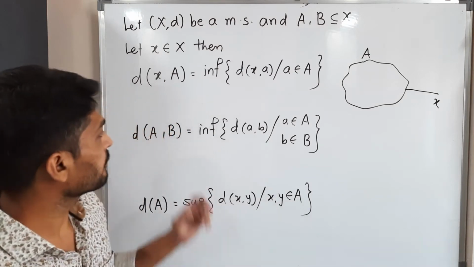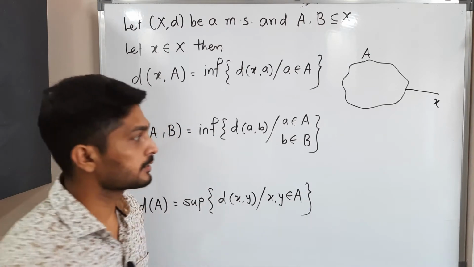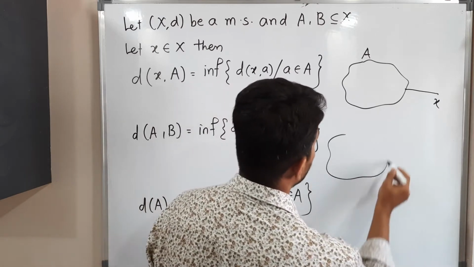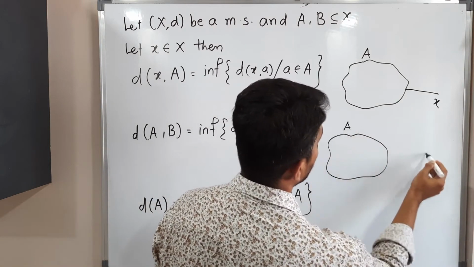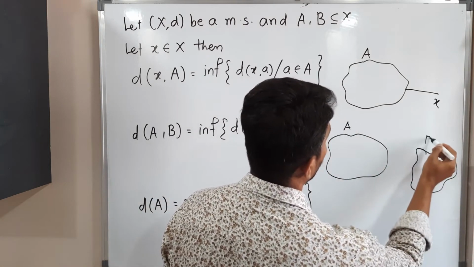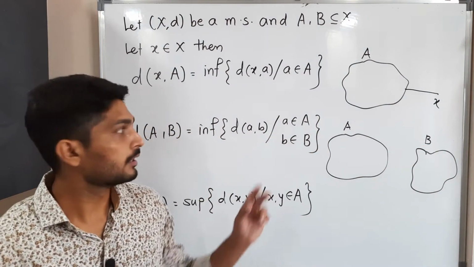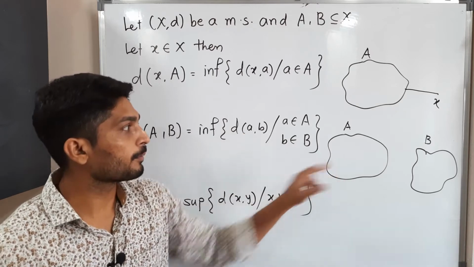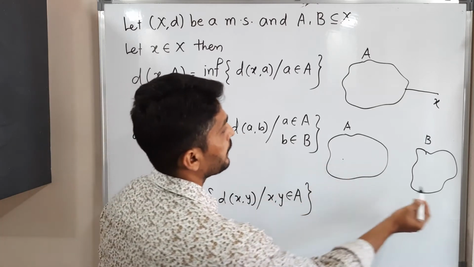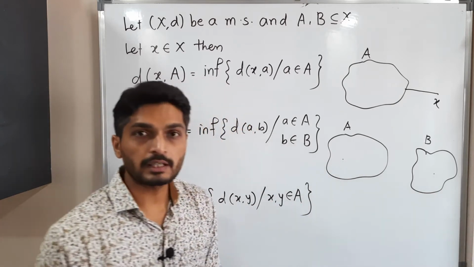After that, distance between two sets. So suppose we have two sets like this. Suppose this is set A and this is set B. So we have to find the distance between them. So the definition says again, we take one point from capital A, we take one point from capital B, and we find the distance between them.